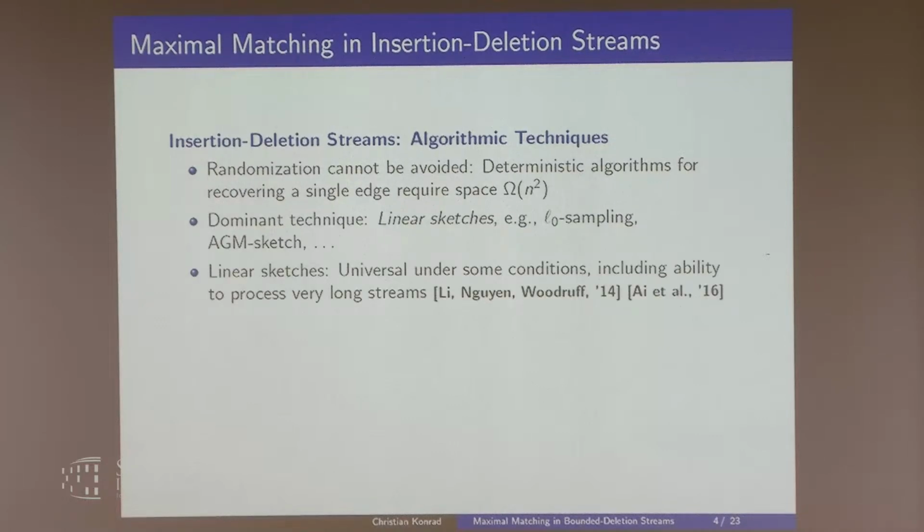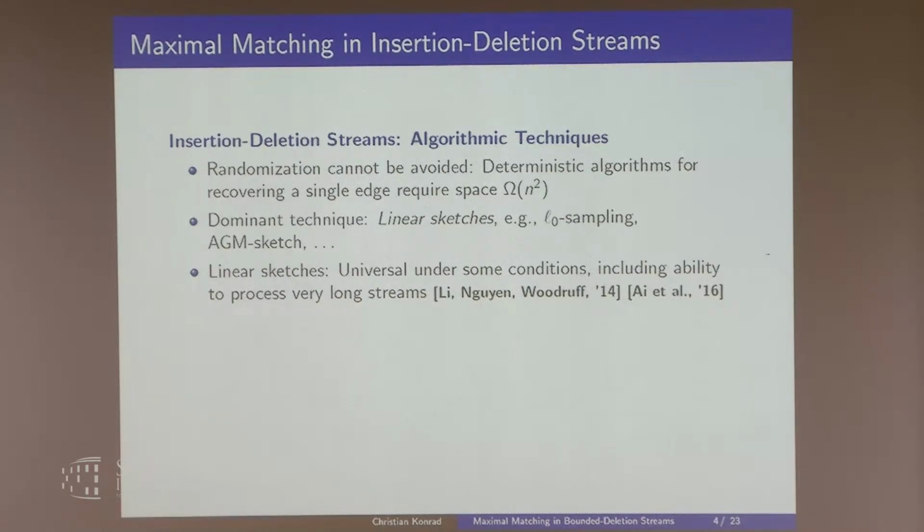To the point that we know that under some conditions, for instance, if algorithms need to be able to process very long input streams, linear sketches are universal in the sense that, given an algorithm, you can design one that just maintains a linear sketch and produces the same output as the other streaming algorithm. So it all points towards linear sketches being the technique for insertion-deletion streams.